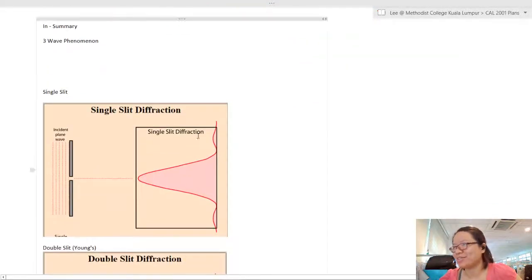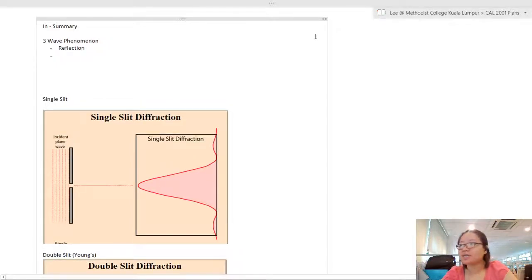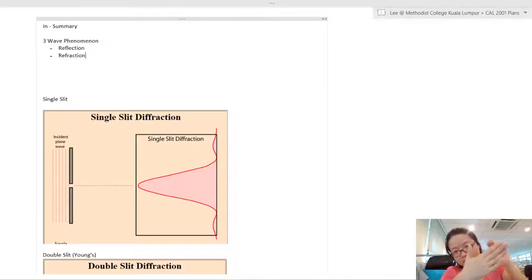In summary, there are 3 wave phenomena as previously mentioned. There is reflection, which you know what reflection is. There is refraction. Reflection is the change in direction when the wave encounters a reflective barrier. Refraction is the change in wave speed when it travels from one medium to another.